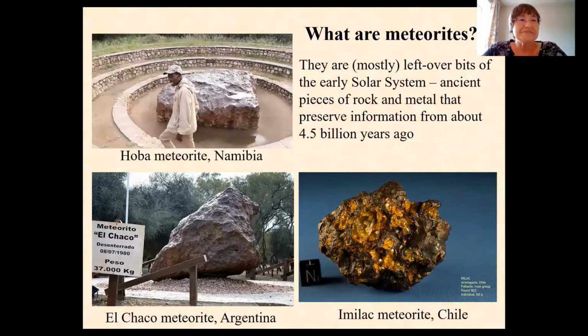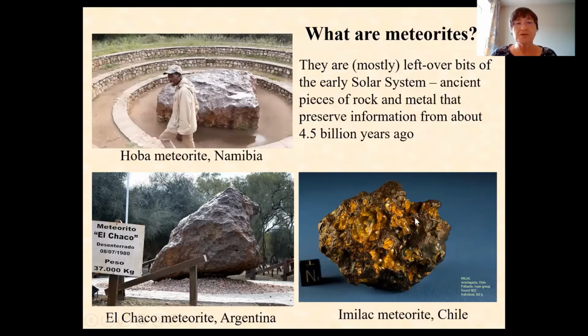They're mostly leftover pieces of the early solar system that formed about 4.5 billion years ago. And you can see here several very large and well-known meteorites, the Hoba meteorite in Namibia, and the El Chaco meteorite here. Both of these are metal, iron meteorites, and the larger ones tend to be metal.